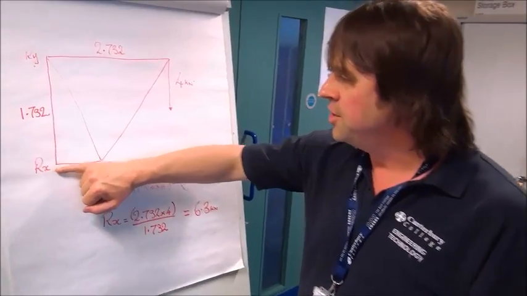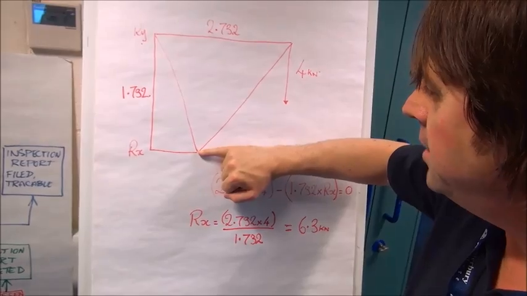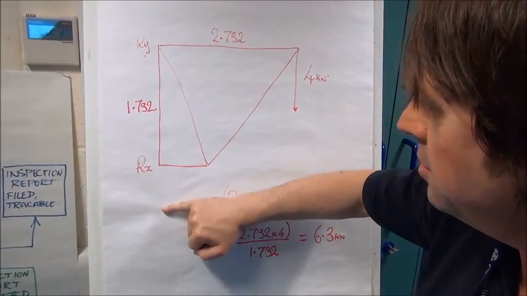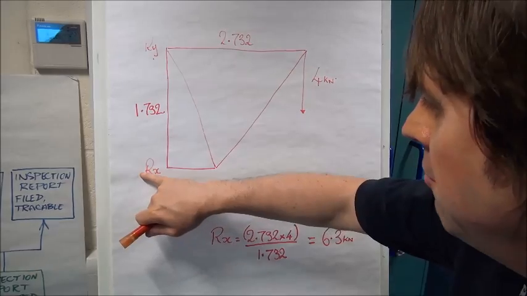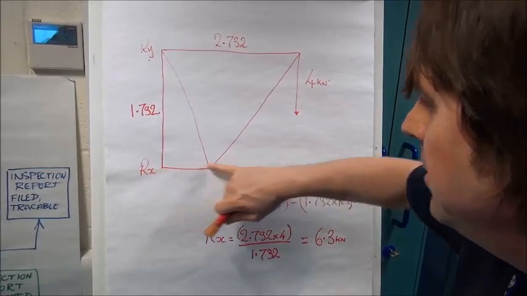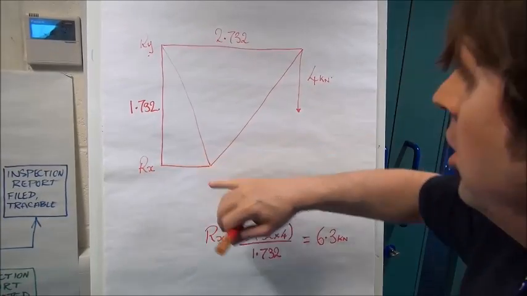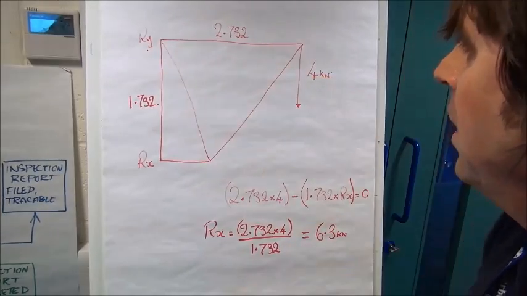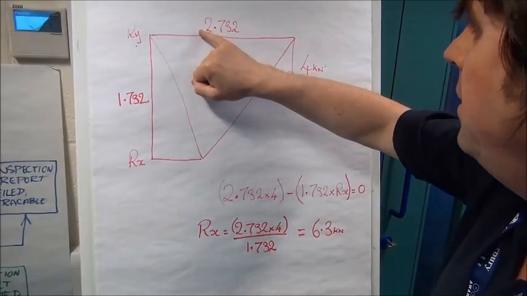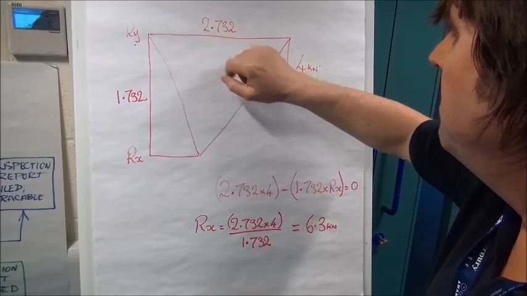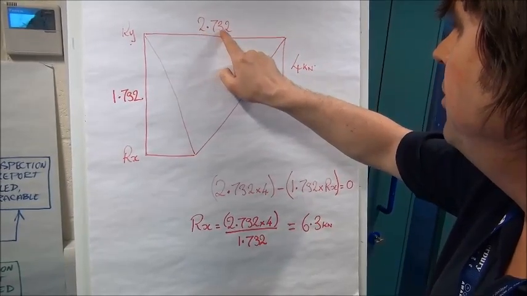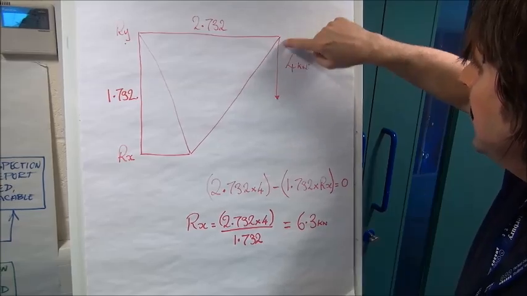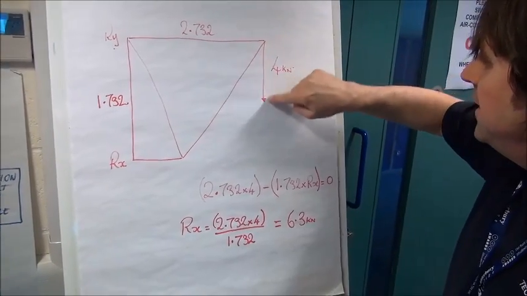To find the reaction Rx, remember we said that we're going to have a compressive stress acting against the vertical stanchion. Rx will need to provide a horizontal force that is equal and opposite to the force acting in here. We take moments about Ry there. Now, the top horizontal member has a length of 2.732 and it has a force of 4 kilonewtons acting vertically downwards at this point.